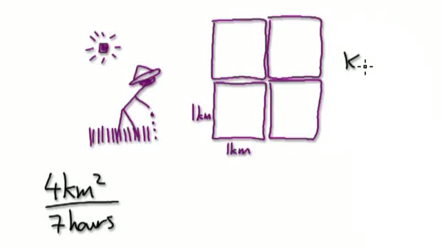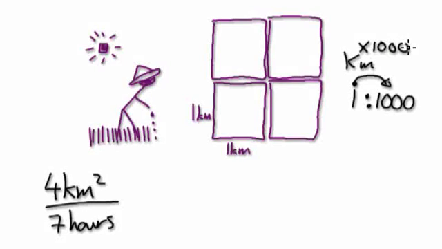We know that 1 kilometer equals 1000 meters. So here you're timesing this by 1000.